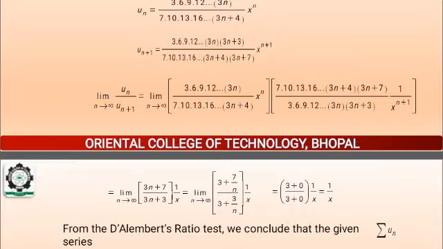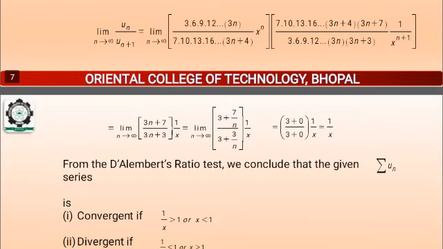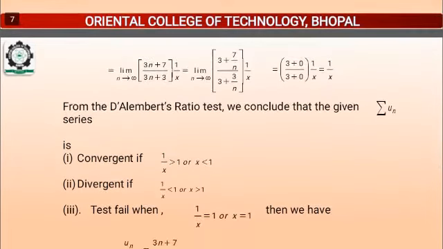When we divide numerator and denominator by n, we have 3 plus 7 by n upon 3 plus 3 by n into 1 by x, and when n tends to infinity, this is 1 by x. From D'Alembert's ratio test, we conclude that the given series summation un is convergent if 1 upon x is greater than 1, that is x is less than 1, divergent if 1 upon x is less than 1 or x is greater than 1. The test fails when 1 upon x equals 1, that is x equals 1.